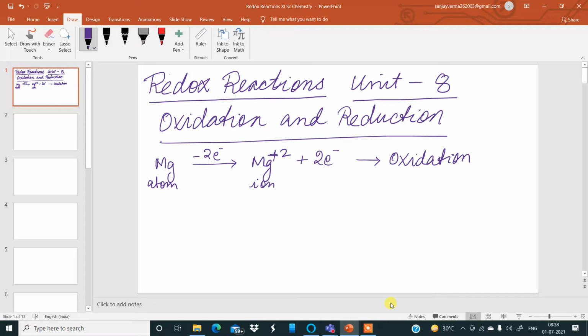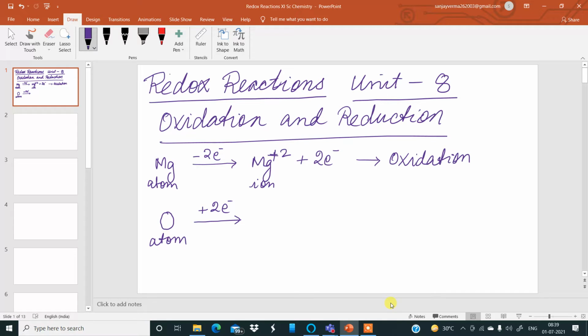Now, similarly, let's do another example. If I take an atom of oxygen, and to this atom of oxygen I give 2 electrons, it is a non-metal.